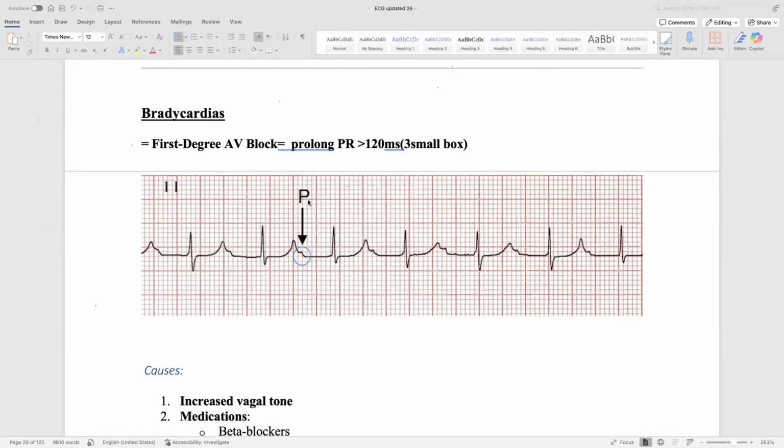No. The electricity comes from the sinus node to the AV node to the ventricles, and of course from here to the atrium. But the rate is low. That means the rate is generated slow. This is sinus.